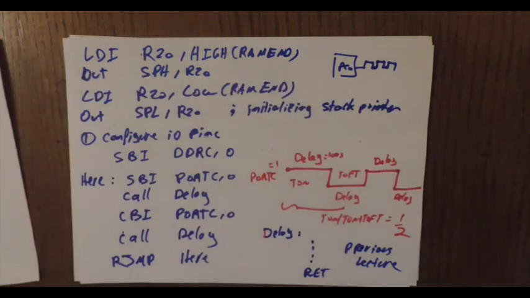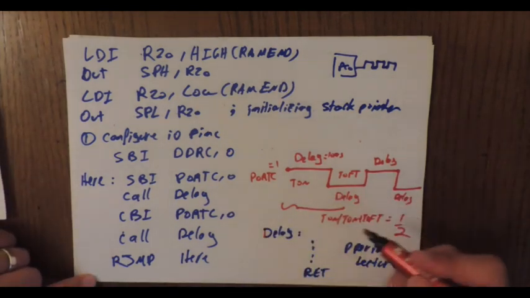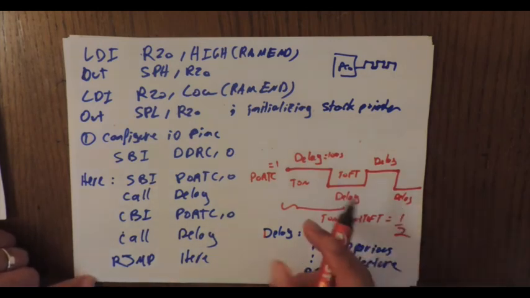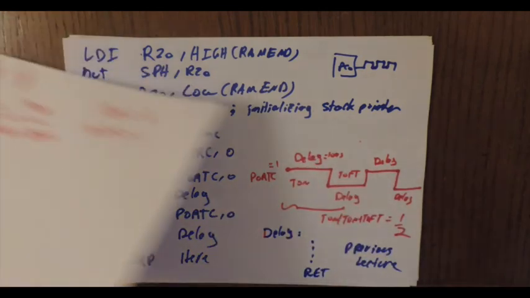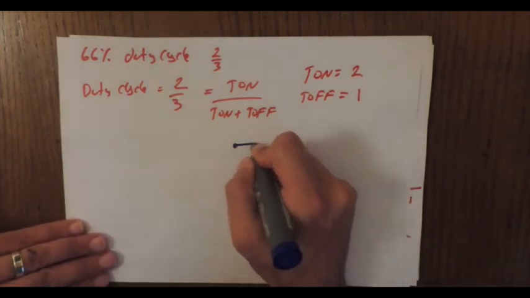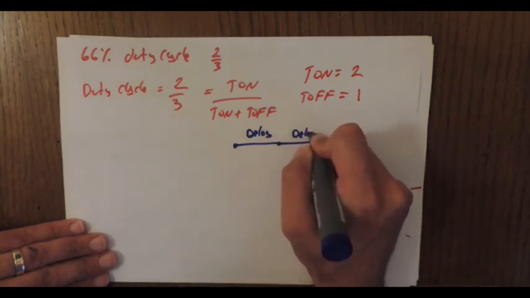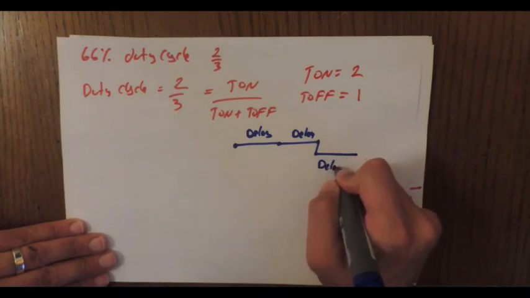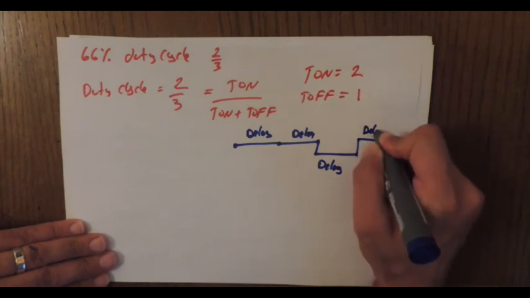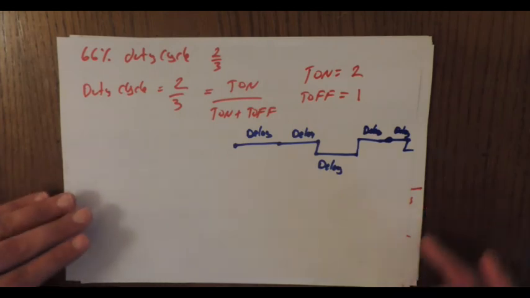So if I want to modify this program to have 66% duty cycle, this means I need 2 delays for on. So this is delay and another delay, 1 delay for off and then 2, and so forth. This is the effect I need.